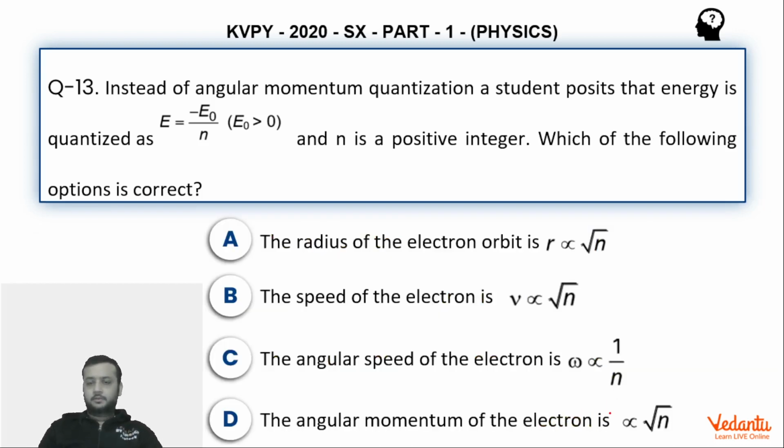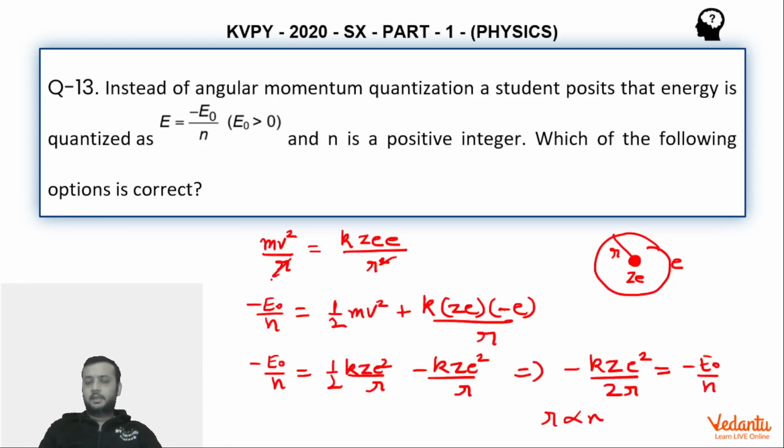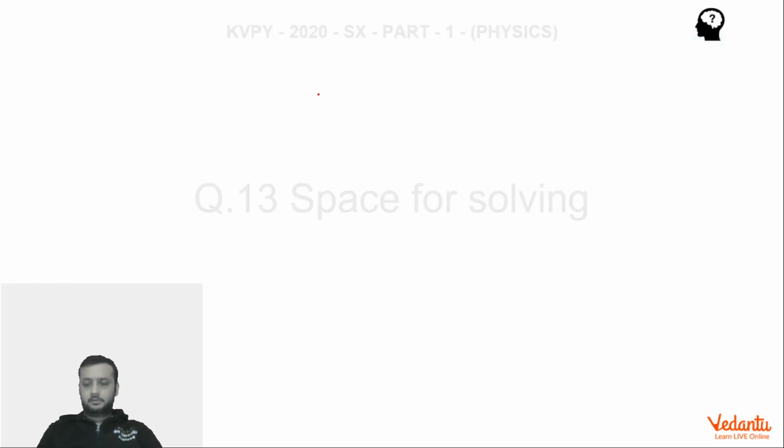So this option is of course wrong. Now if r is proportional to n, we can see that v is proportional to 1 by root n. If you look at this equation, mv square is kZe square by r, and we have already proven that r is proportional to n.